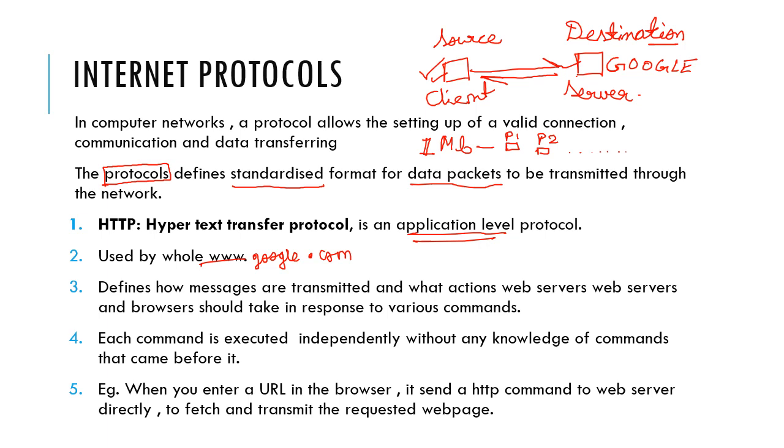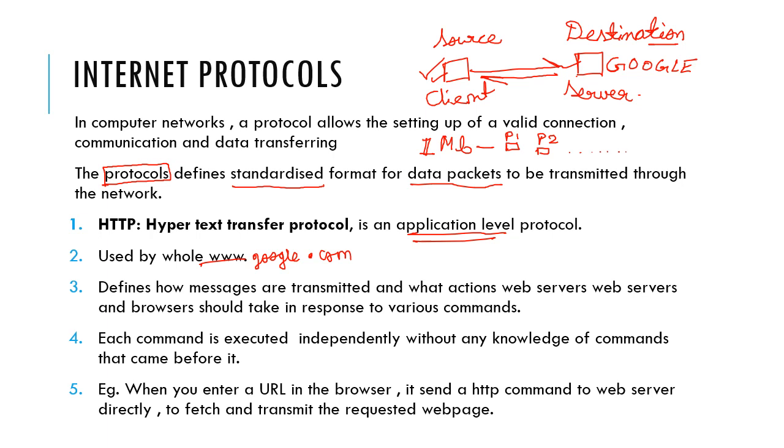Each command is executed independently, without knowledge of commands that came before it. This is self-explanatory, so you can independently execute these commands. Whenever you reach some page, you can again type google.com, and it will be executed independently, not in relation to the previous page.